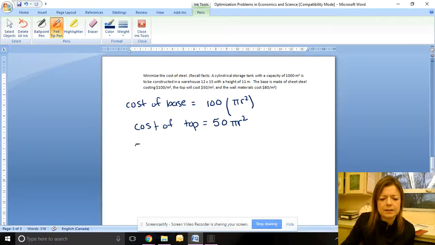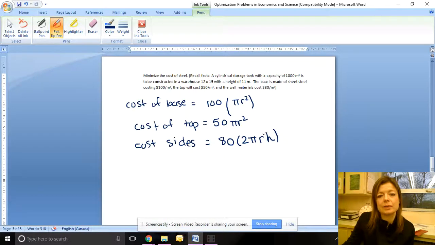And then the cost of the sides will be 80 times, so the area of the side is 2 pi r h. If you remember a cylinder, when you take the net out, it becomes a rectangle where this is the height of the cylinder and this is the circumference of the circle because it's been unwrapped. So that's 2 pi r. So that's why you get 2 pi r times h.